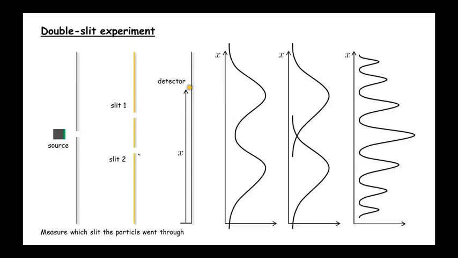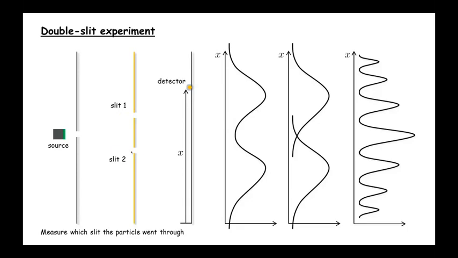So when you actually do this experiment, what you realize is that it didn't go through both slits. The result does show you that every time you see the electron go through slit 1, it doesn't go through slit 2.